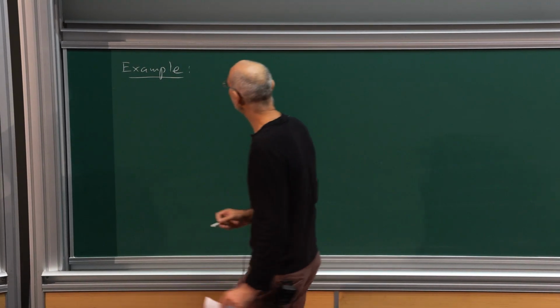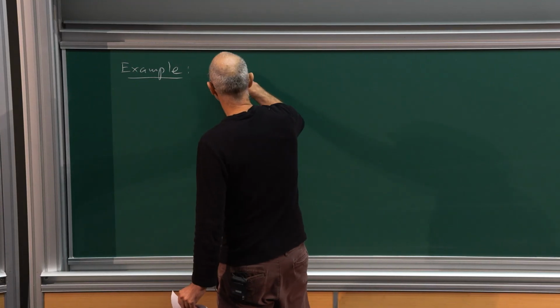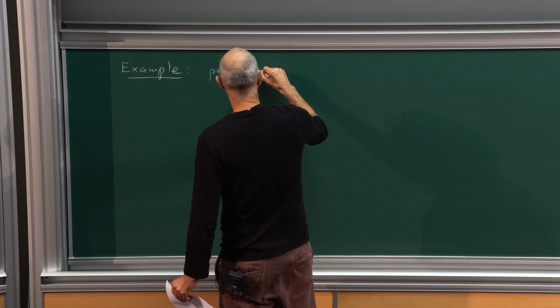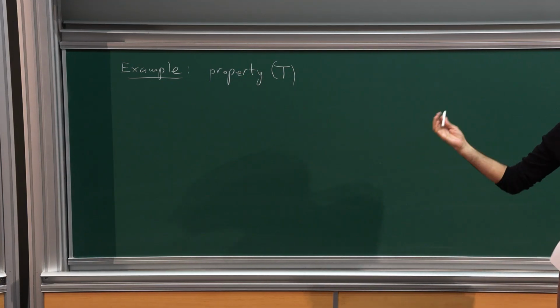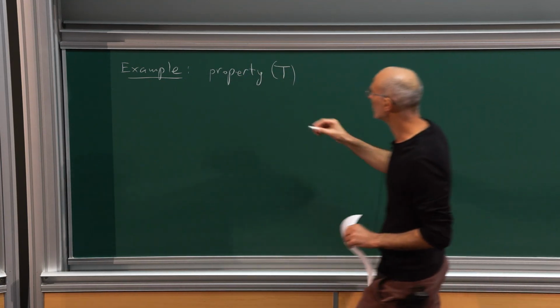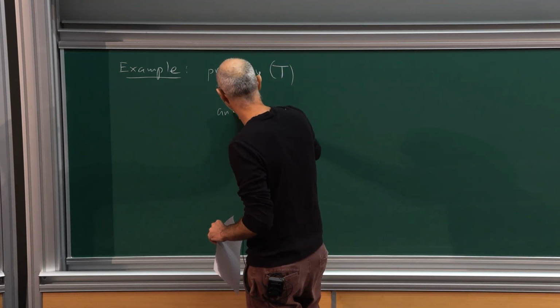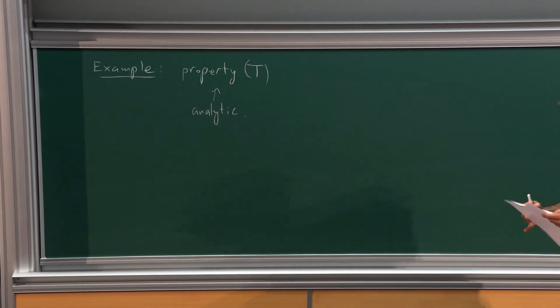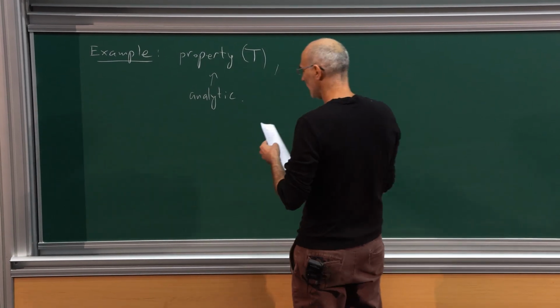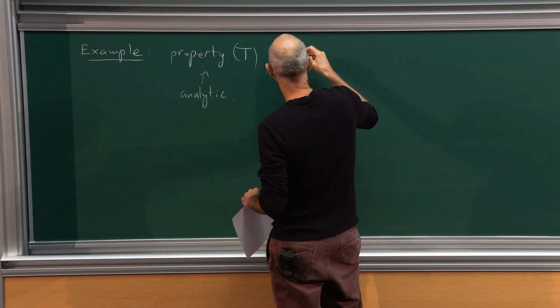So an example of rigidity is, for example, property T. Most of us know what it is. I will give the definition nonetheless in a few minutes. This is an analytic rigidity. Another example is property FA.